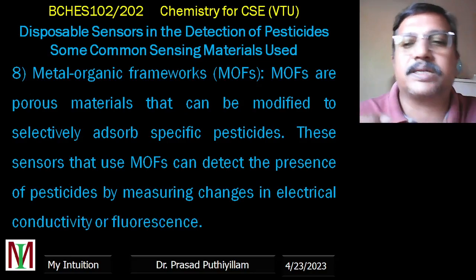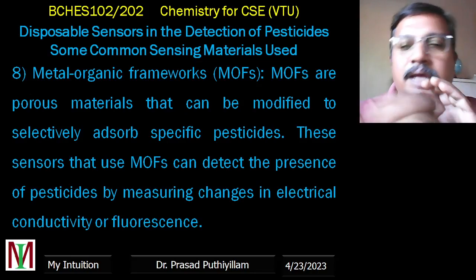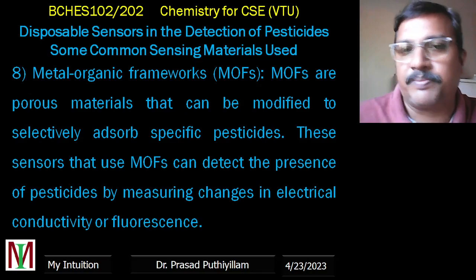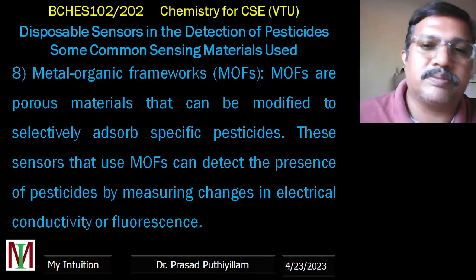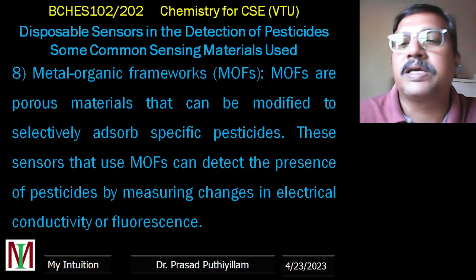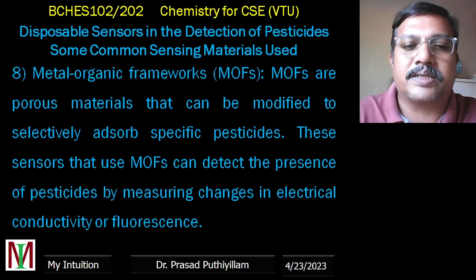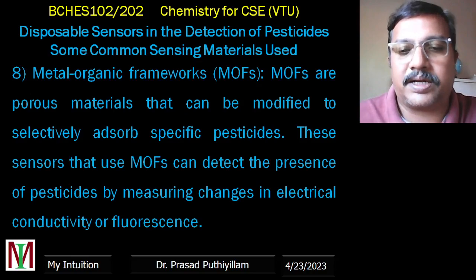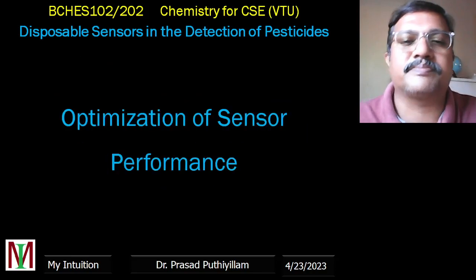So wherever the holes are, these pesticides can go and pack those holes. So it can be used to absorb, just like a sponge. These MOFs can be used to absorb specific pesticides, and the sensors using MOFs can detect the presence of pesticide by measuring changes in electrical conductivity or fluorescence.